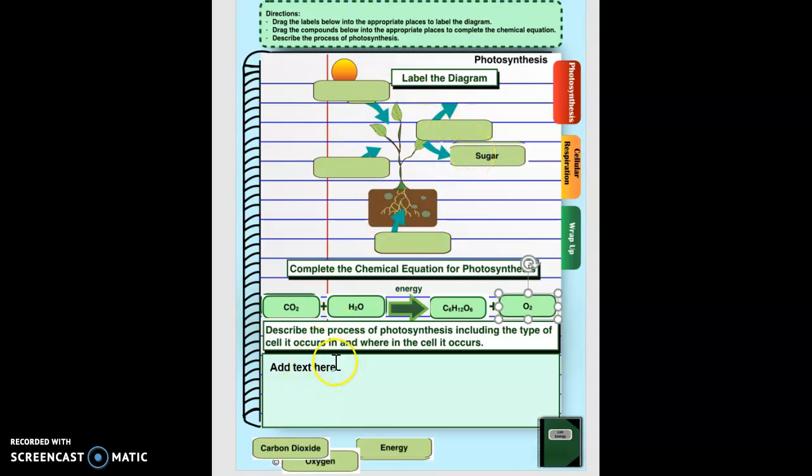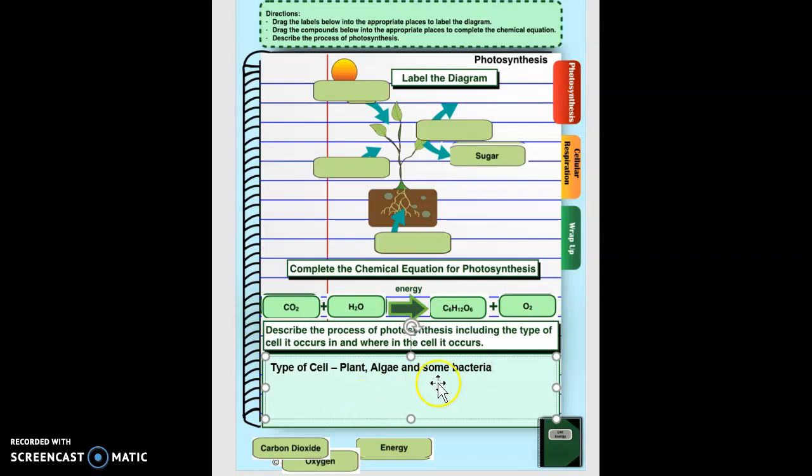Then it wants you to describe the process of photosynthesis, including the type of cell it occurs in and where in the cell it occurs. So, for example, the type of cell that does photosynthesis would be plant, algae, all right, and some bacteria.